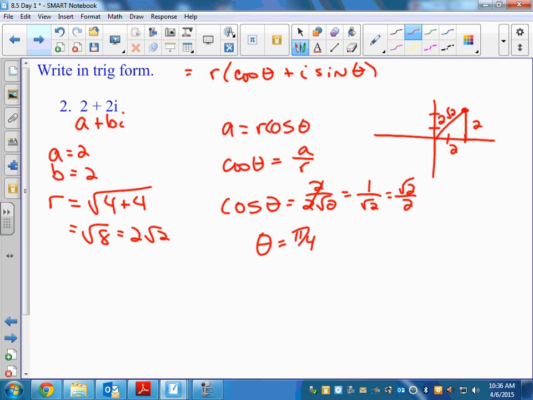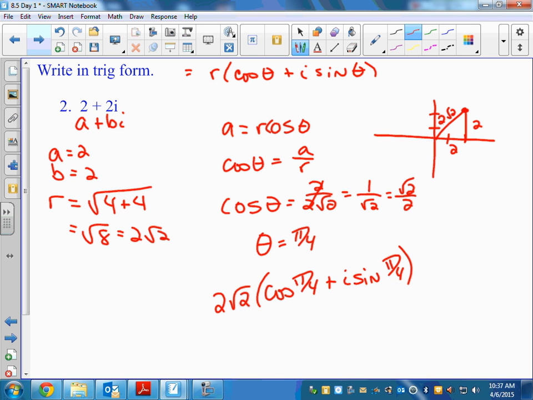So we have theta. So all we gotta do is plug this in now. So write in trig form. R is 2 square root of 2 times cosine of pi fourths plus i sine of pi fourths. What Ivy Tech says and what the book seems to do is they go that next step.